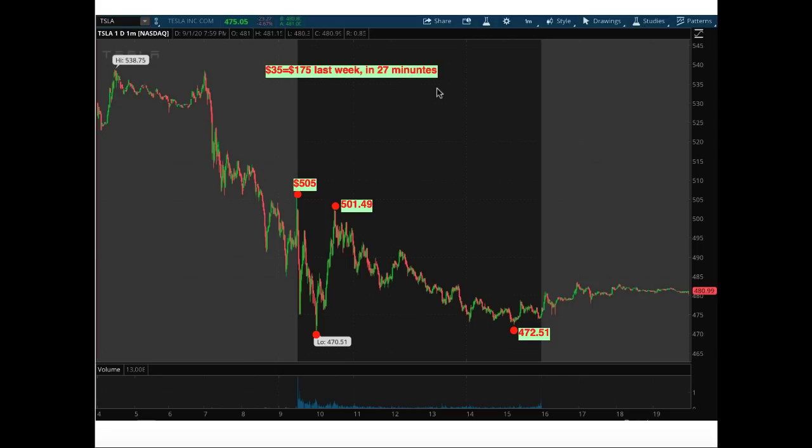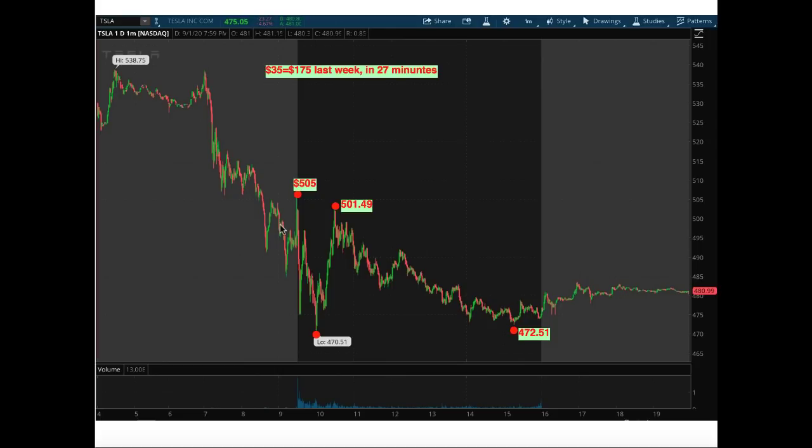If you were trading last week and Tesla, let's say, dropped from $2,200 to $2,025 within 27 minutes, that would have definitely gotten your attention. Now you're looking at these smaller numbers and they don't look as bad, but I guarantee you, if Tesla crashed 175 bucks within 20 minutes on any given day last week, it would have definitely got your attention.